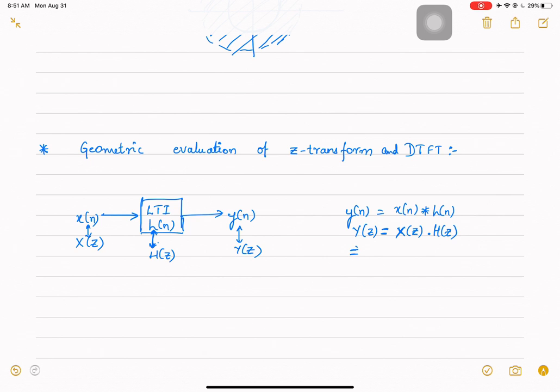From the second equation, I'll take the Z transform of the first equation, and I manipulate it, where H of z is called the transfer function.